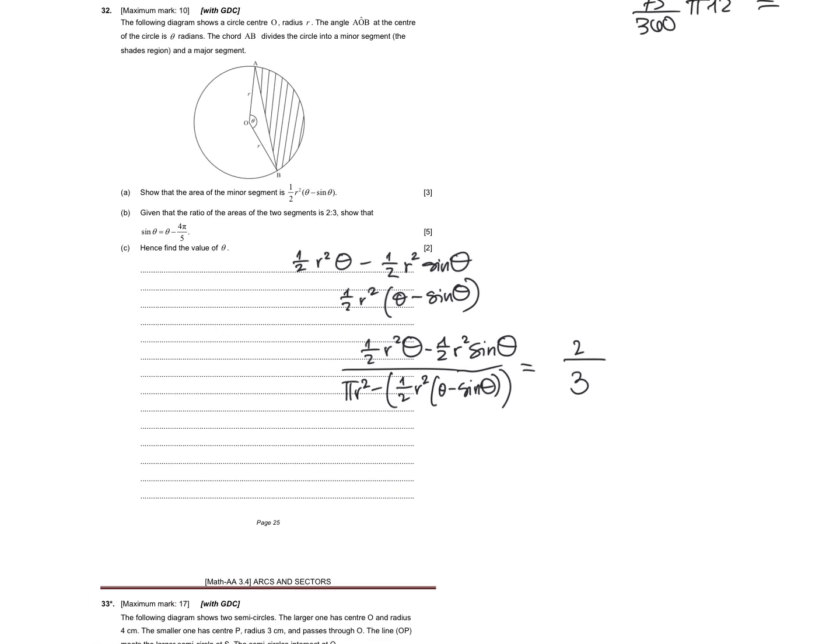All right, so let me delete this. And I'll use the thing that we found. So 1/2 r squared theta minus sine theta.